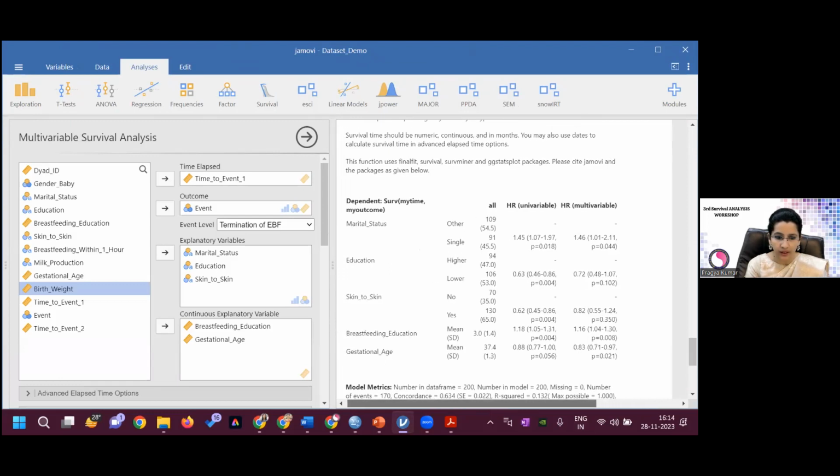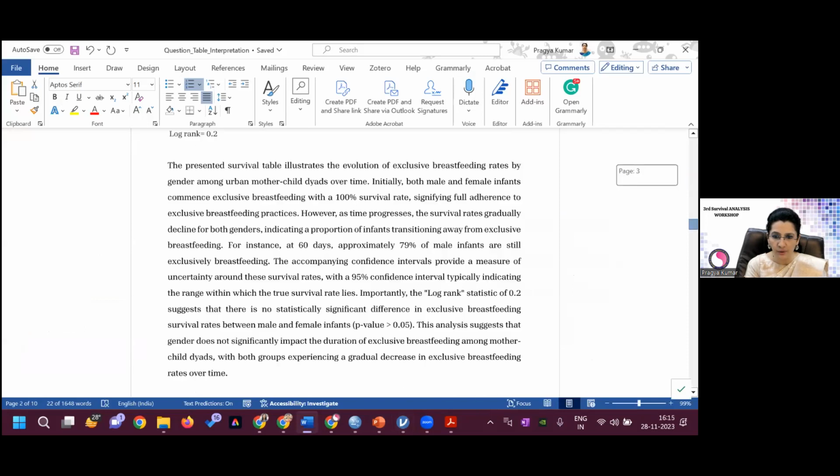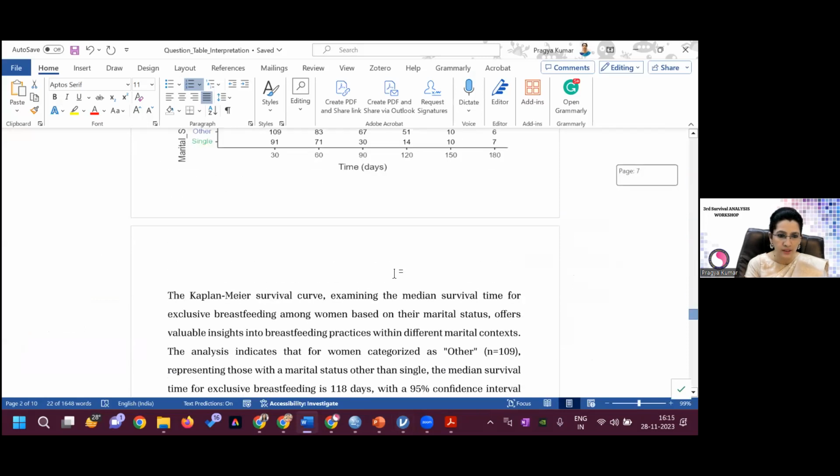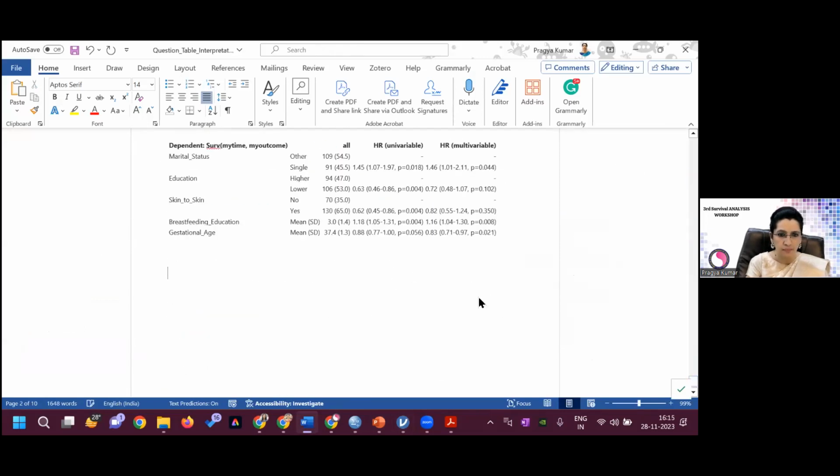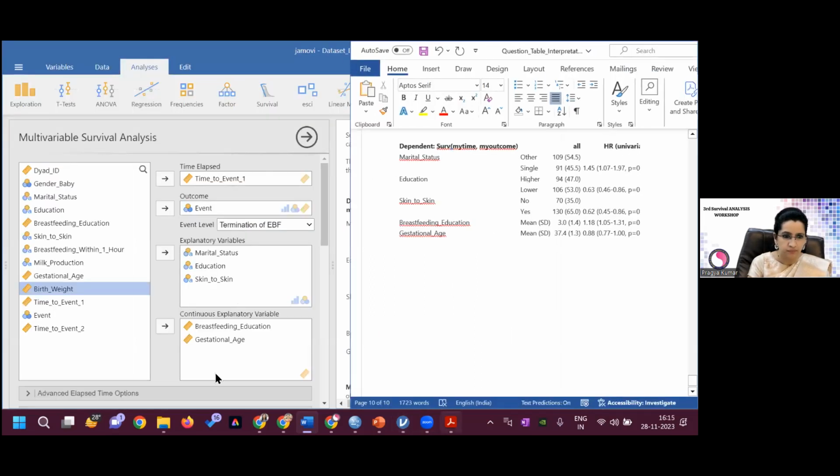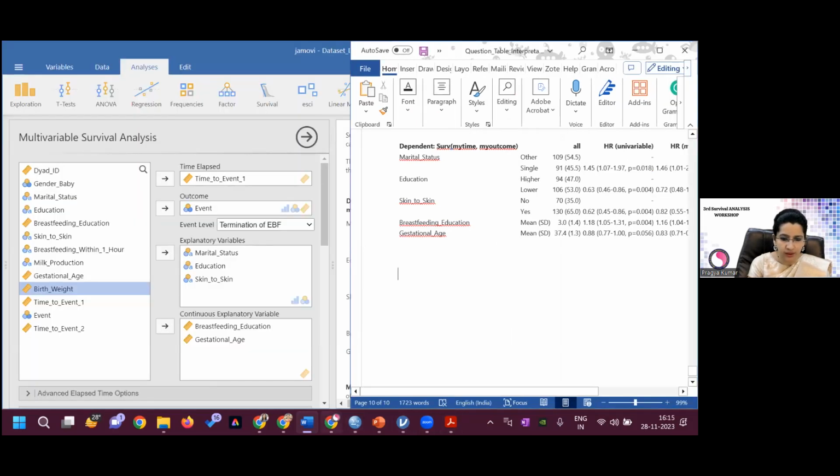So what I can do is copy this and paste it on a Word document, because I wanted to show you people simultaneously. So I'm pasting this table, although there are fewer variables. That is okay, we can still see that. And let me show you that article.